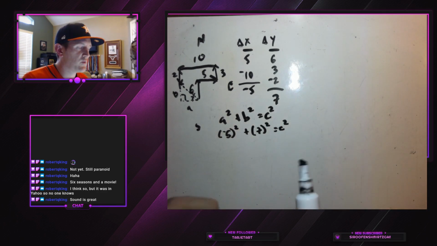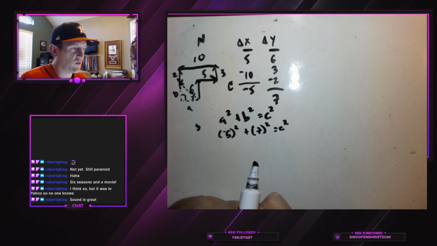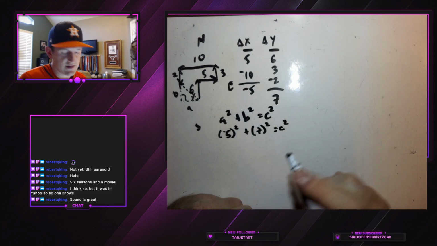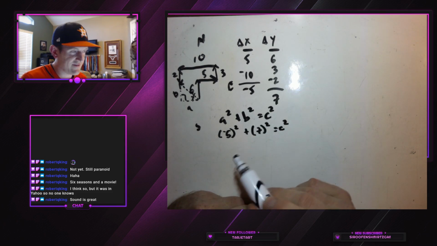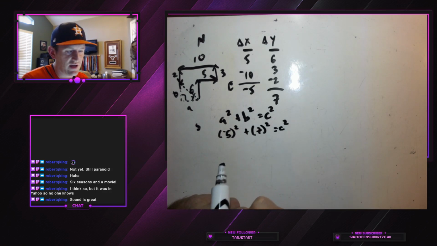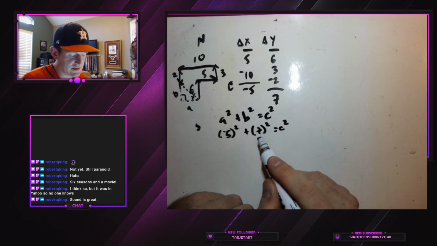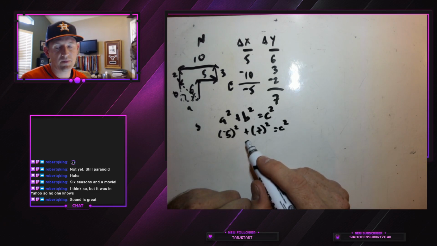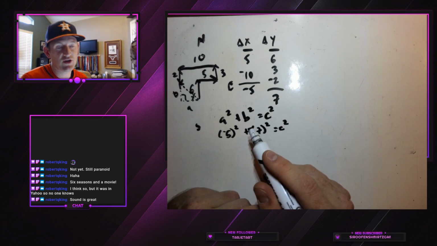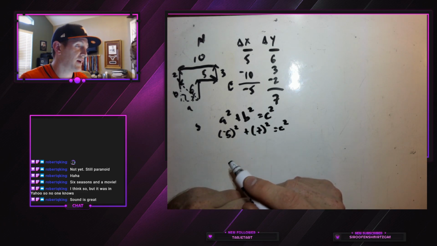Now, a few things that we can expect about our answer before we start doing any more of the calculation is that our c will be bigger than both 5 and 7. Okay, so if you end up getting a c that's somewhere in between your a and your b, that means you made a mistake, because by definition the hypotenuse is always the longest side of the triangle.